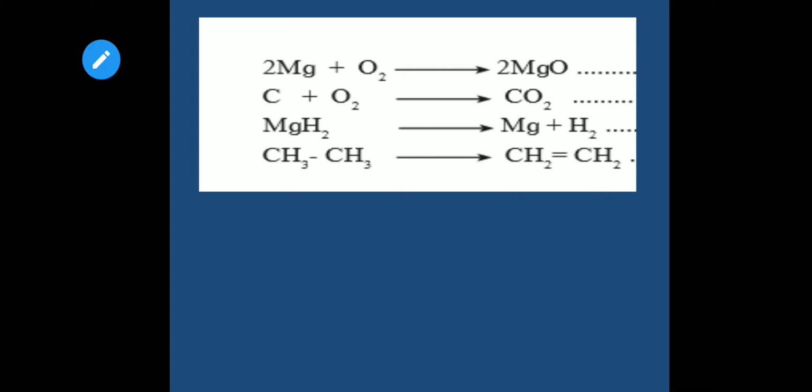If you observe these reactions carefully, in the first two examples, the reactant combines with oxygen, whereas in the third and fourth examples, hydrogen gas is removed from the reactant, and all these are examples of oxidation reaction.